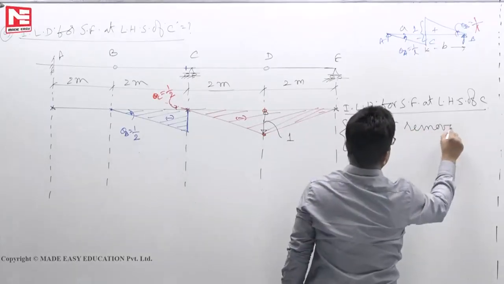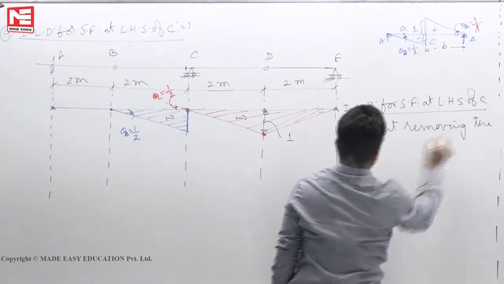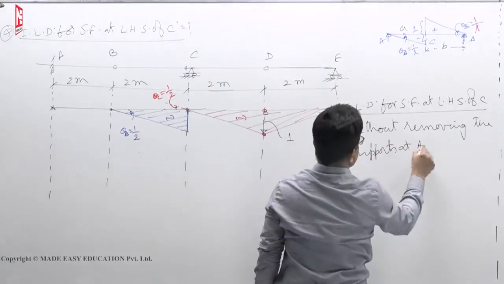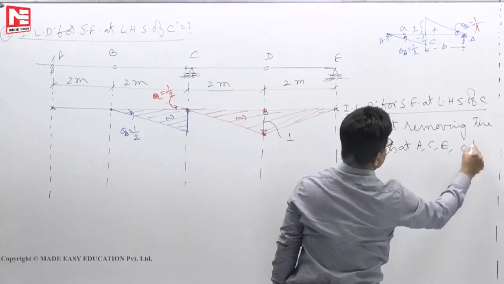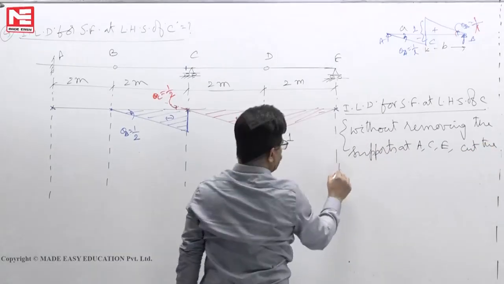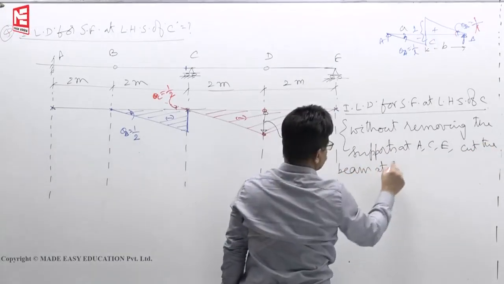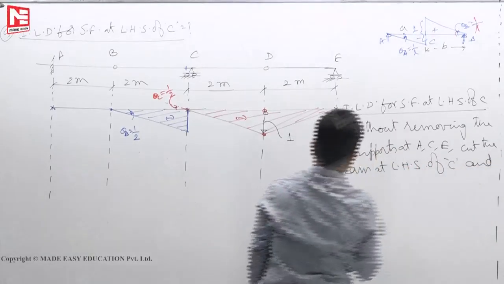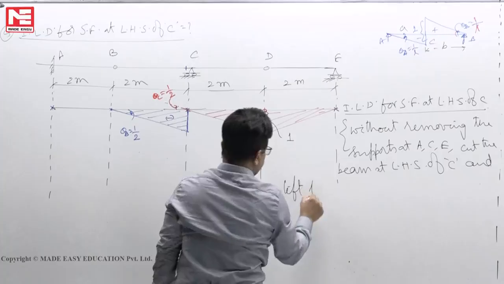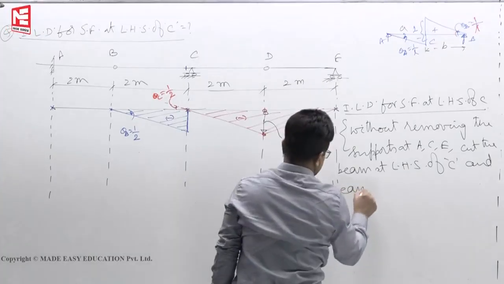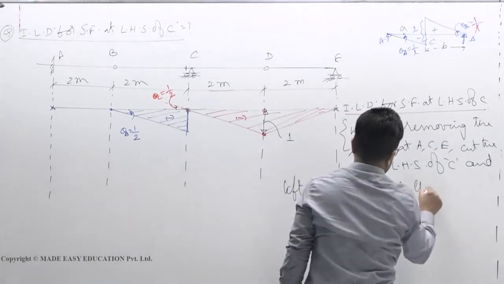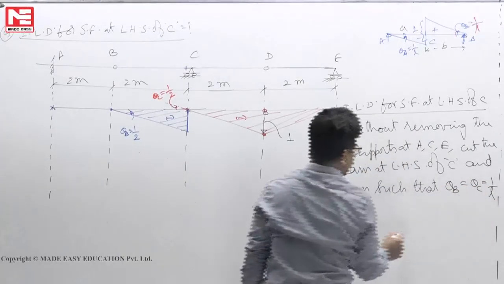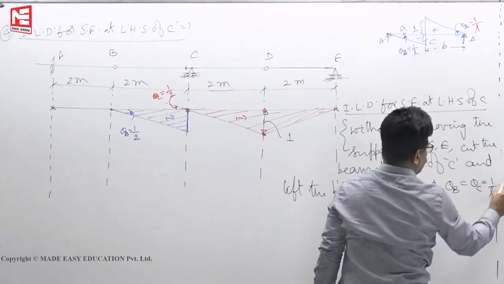Without removing the supports at ACE, this is what we have done. Cut the beam at LHS of C and lift the beam such that theta B is equal to theta C is equal to 1 by L, which is equal to 1 by 2.